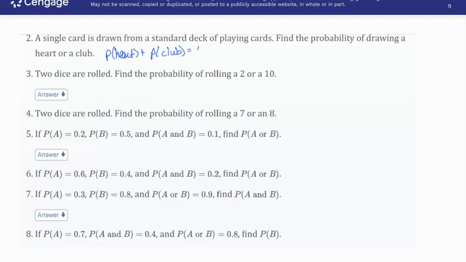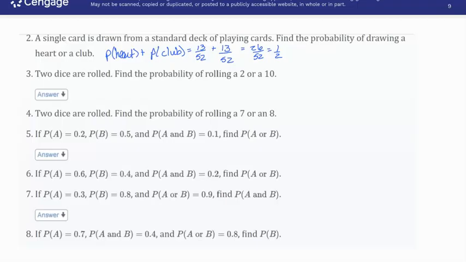So we have 13 hearts out of 52 plus 13 clubs out of the 52. So that's 26 out of 52, which reduces to 1/2. So you have a 1/2 chance that if you draw one card randomly from a shuffled deck, it's going to be a heart or a club.